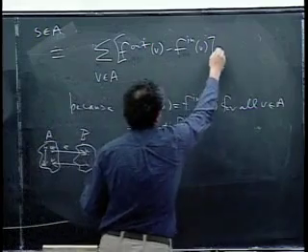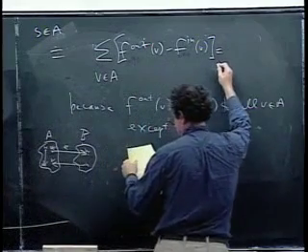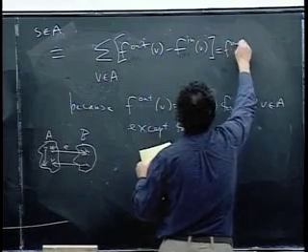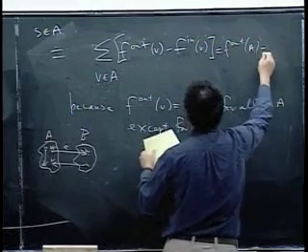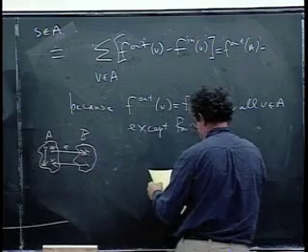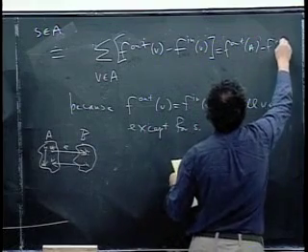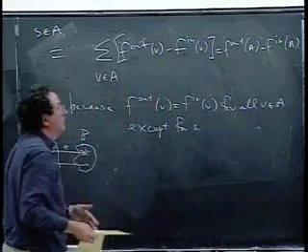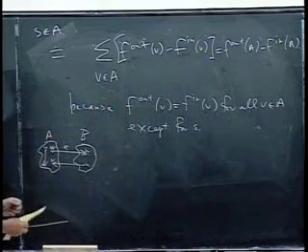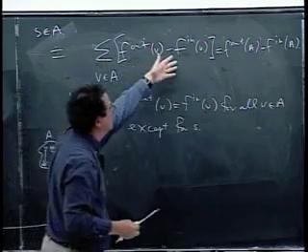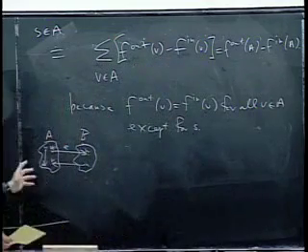All that is sort of a long-winded way of saying that this is equal to F out of A minus F in of A. Which you might have been happy to believe anyway, just by distributing this sum without doing this case analysis.